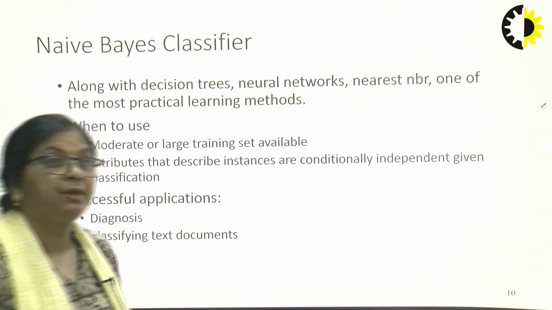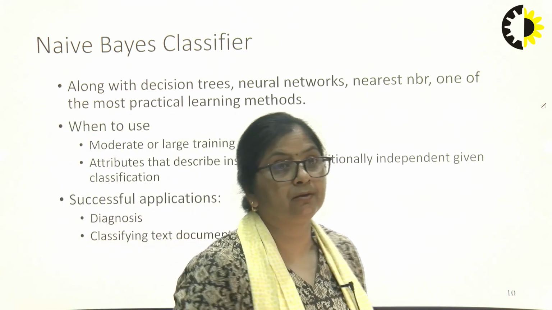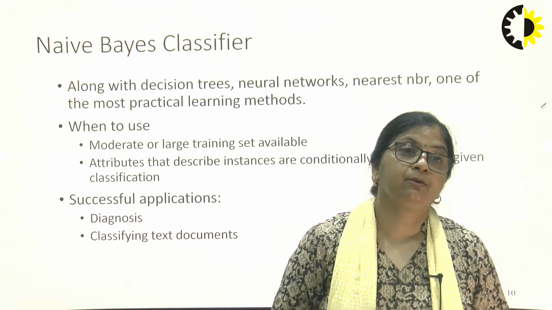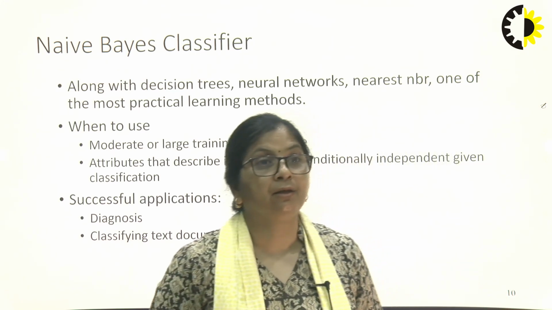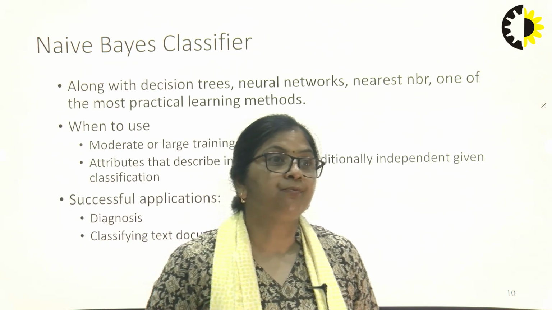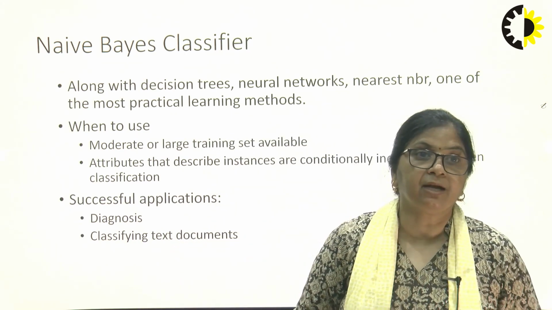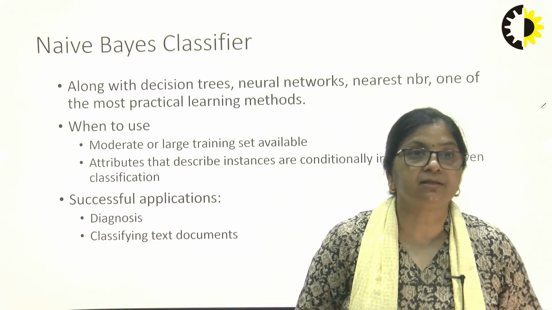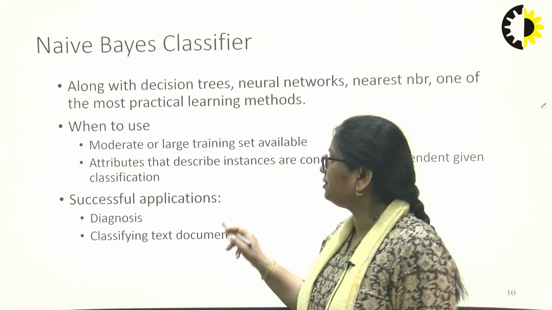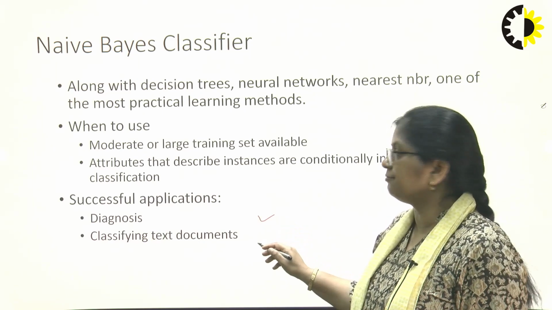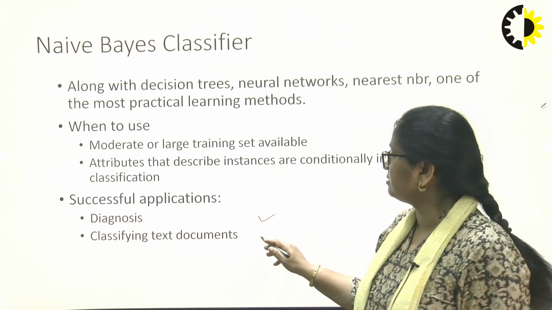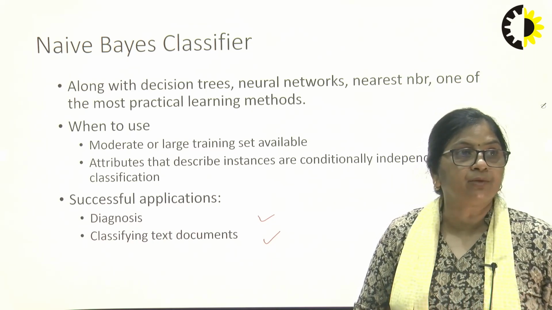And now, as we are having too much calculation complexity in Bayes optimal classifier, there is another option that we can use, and it has been successfully applied to a number of applications, including diagnosis of different diseases, classification of different text documents.